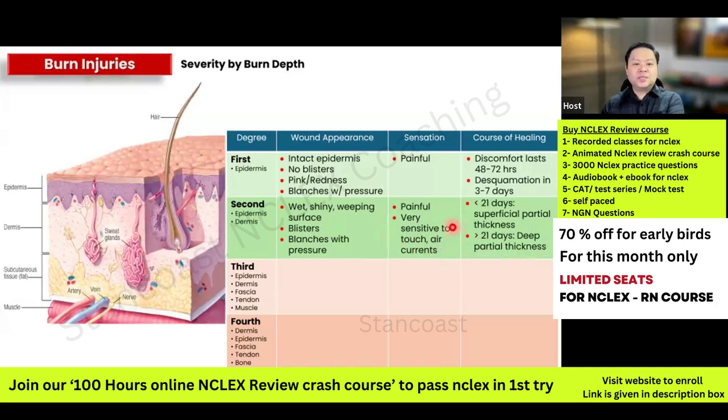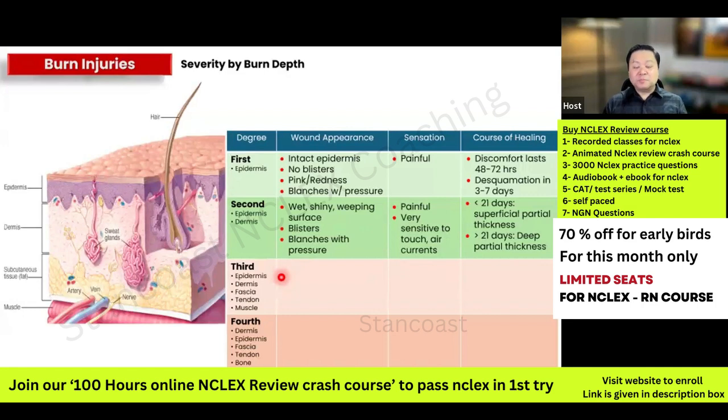Now, for the third degree burn, it's going to affect both the epidermis and the dermis. It can also include injury to the fascia, to the tendon, to the muscle, and subcutaneous fat. And so here we are going to consider that this is what we call full thickness, deep full thickness.